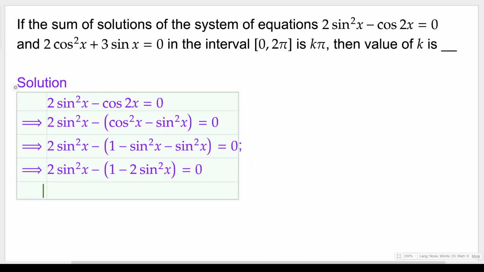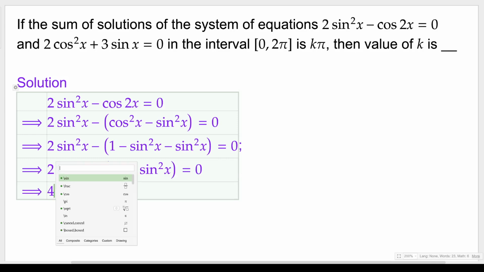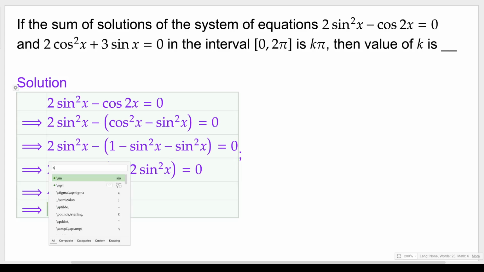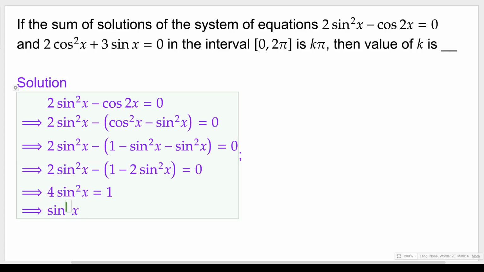Now on resolving this equation, we will get 4 times sin x squared equal to 1, and from this sin x squared would be equal to 1 over 4.